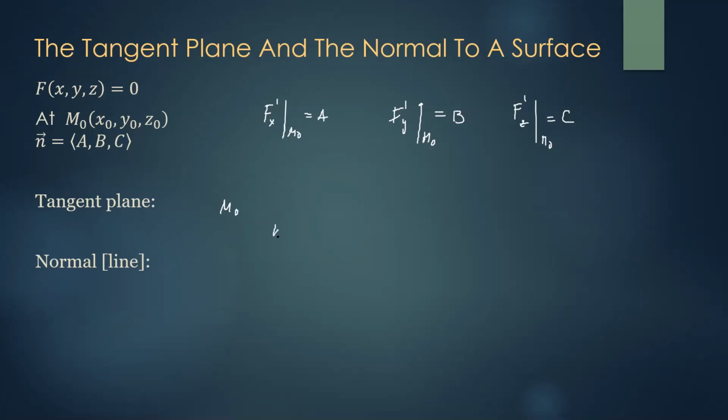So basically, the normal vector would be the vector f derivative with respect to x at M0, f derivative with respect to y at M0, f derivative with respect to z at M0. That's the normal vector. But in principle, it's much easier to do it separately and then write down the normal vector.